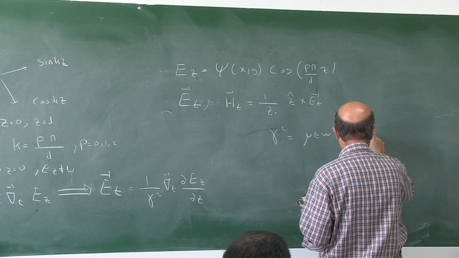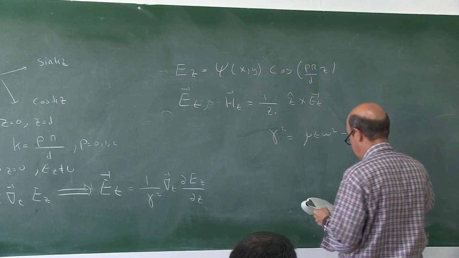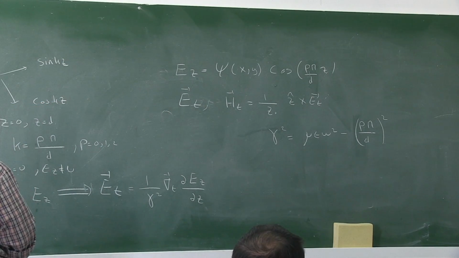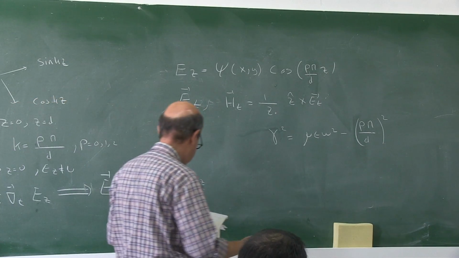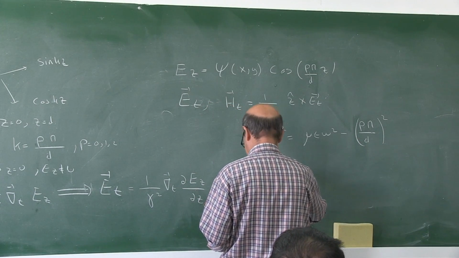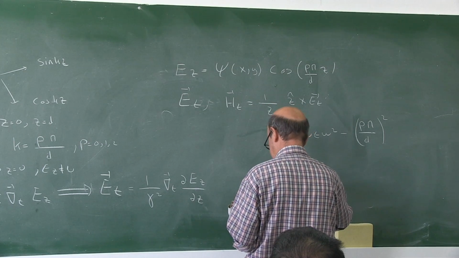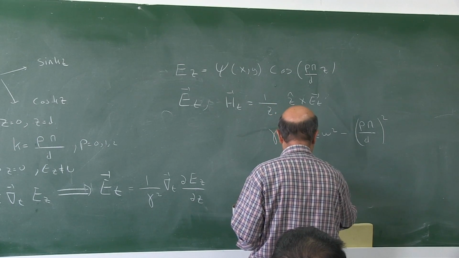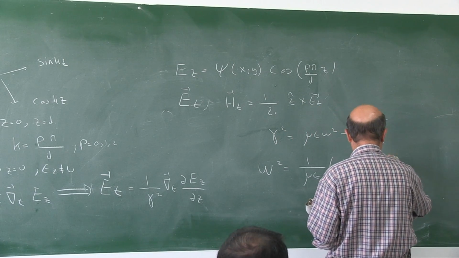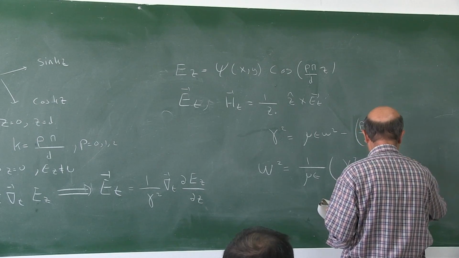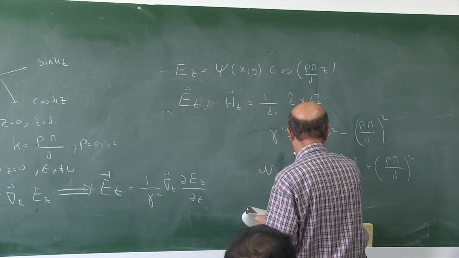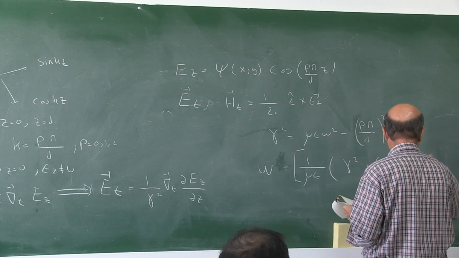Pi p over d, squared. So k is discrete. And if you solve for the frequencies, that is nothing but mu epsilon gamma square plus p pi over d square, and take the square root of this, you will get that.